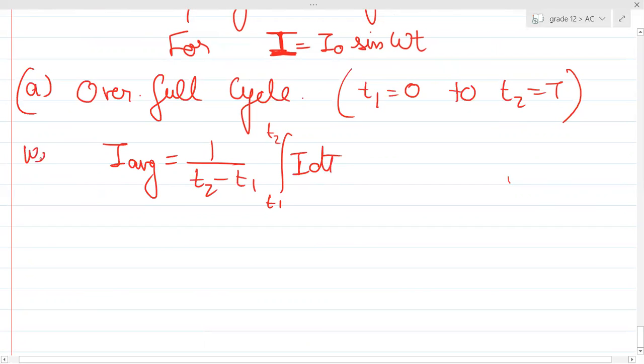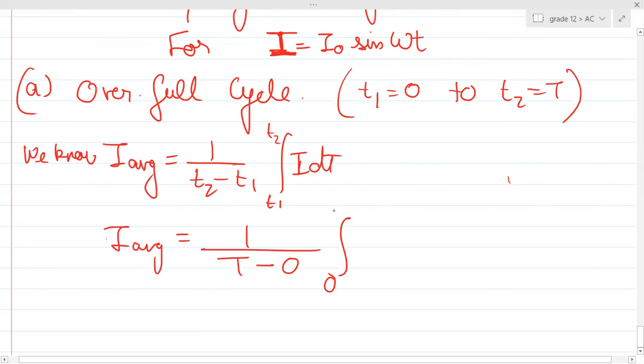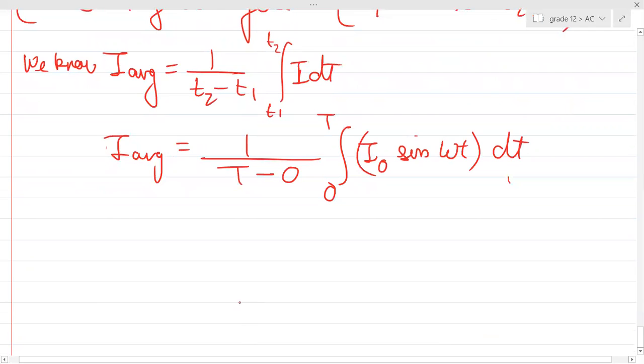So I average will be equal to 1 by T minus 0, from 0 to T, and I can write I as I naught sine omega t dt. Can you see this? I naught is constant, it will come out. This T minus 0 will become T, and I have the integration from 0 to T of sine of omega t dt.